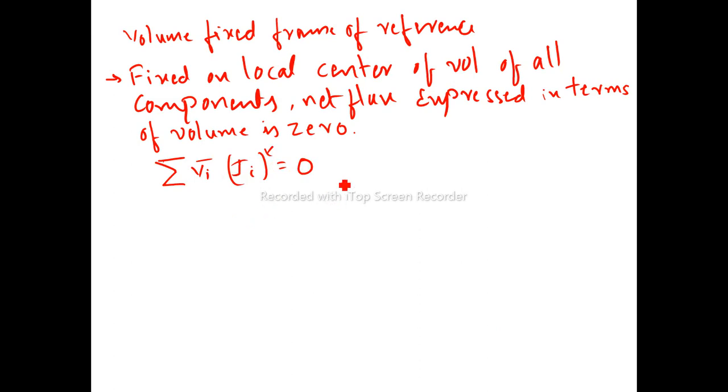Then this Ji in the volume fixed frame of reference can be written in the form of moles of i per meter square per second. This is the unit.